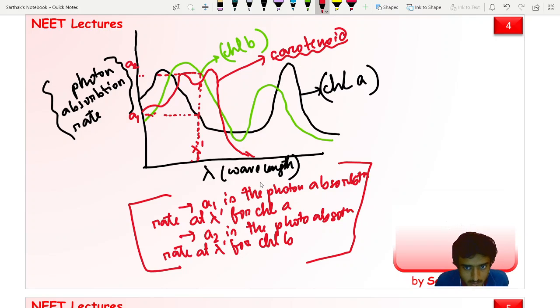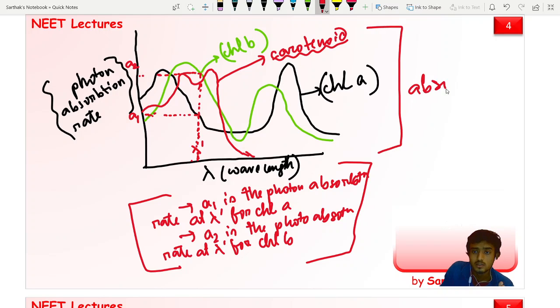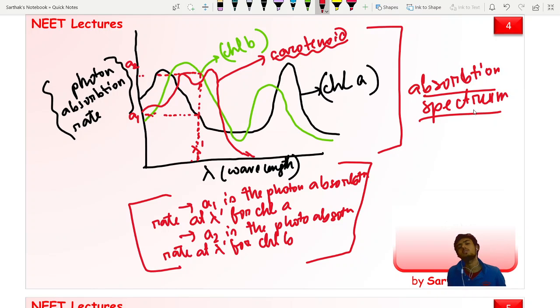So basically, TW Engelmann observed the photon absorption rate versus wavelength, which is also known as the absorption spectrum. Why spectrum? Because there is a spectrum of wavelengths available for different absorptions, so it is known as a spectrum.